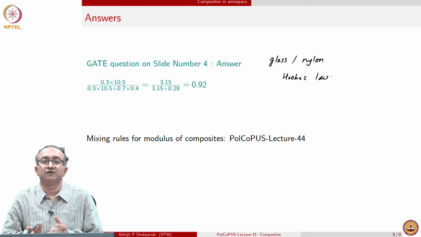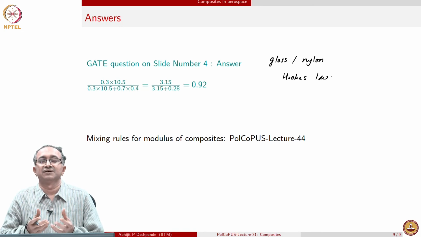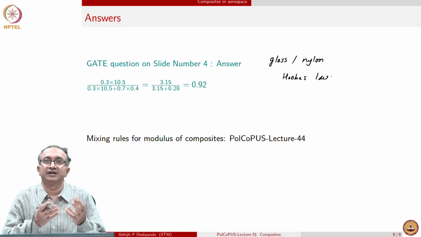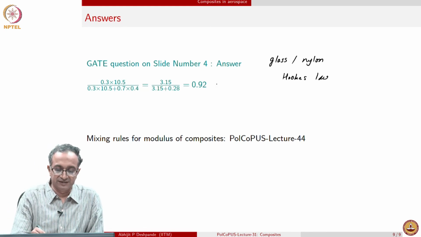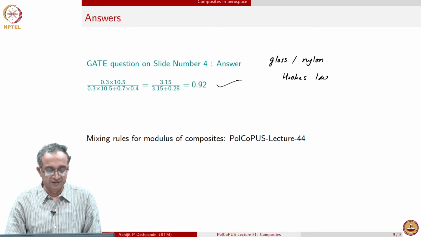Given the same strain, what will be the stress they are subjected to? And now the question is how much is the stress taken by the glass fiber in relation to the overall stress. If you do that, then you will be able to get the answer.